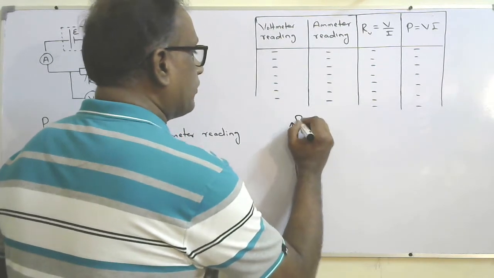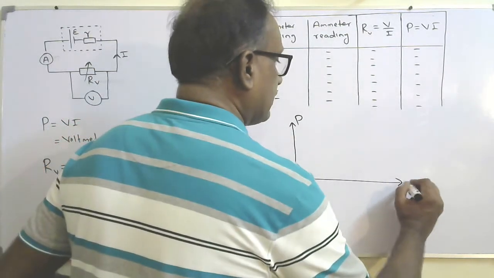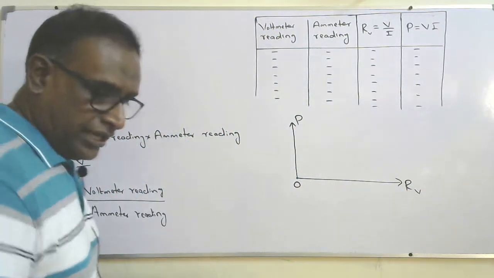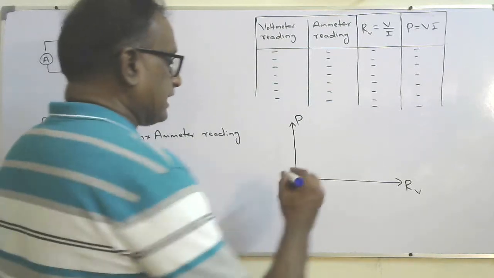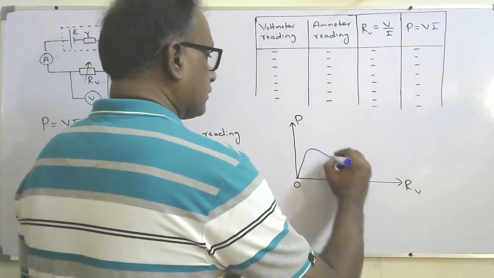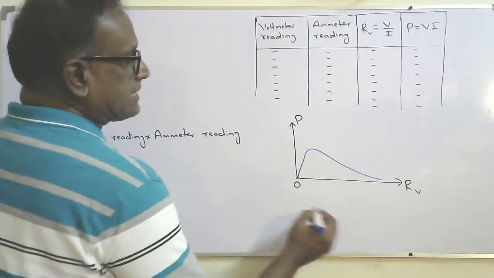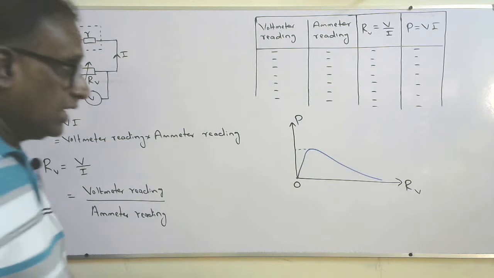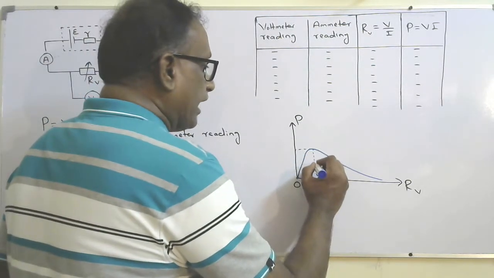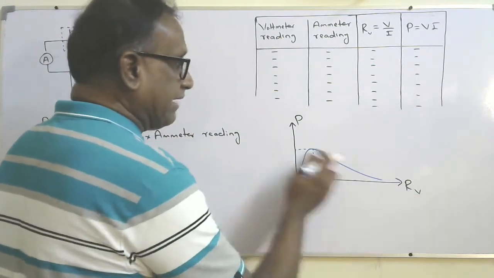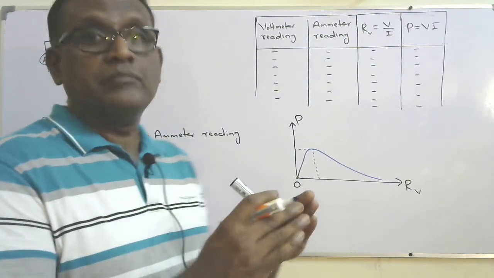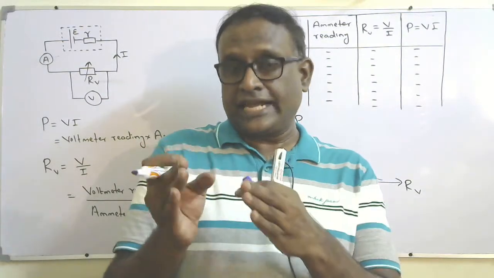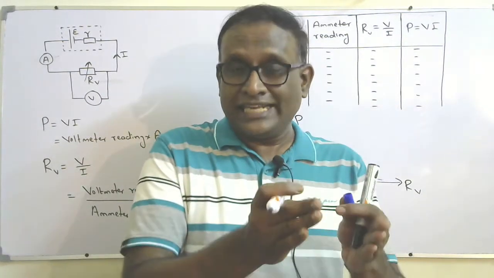So this is the power output and this is the RV. If I start the x-axis from origin 0, you will get a graph like this shape. It will come asymptotic, and there will be optimum power for a particular value of RV. So from the graph, find the value of RV that gives the optimum power, the maximum power to the external component for the given power supply, which has constant EMF and constant internal resistance.